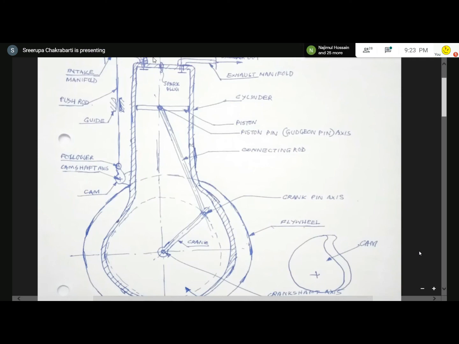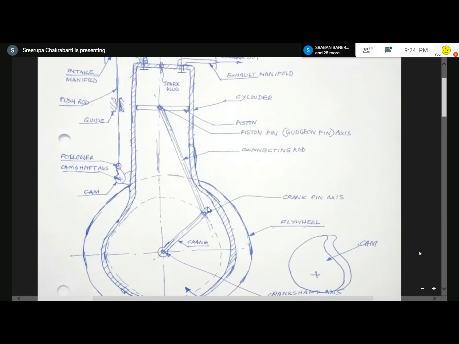Now suction starts. This valve opens, this valve is closed. As suction proceeds, the piston comes gradually down, so the angle theta gradually increases from 0 degrees to 90 degrees, then from 90 to 180.